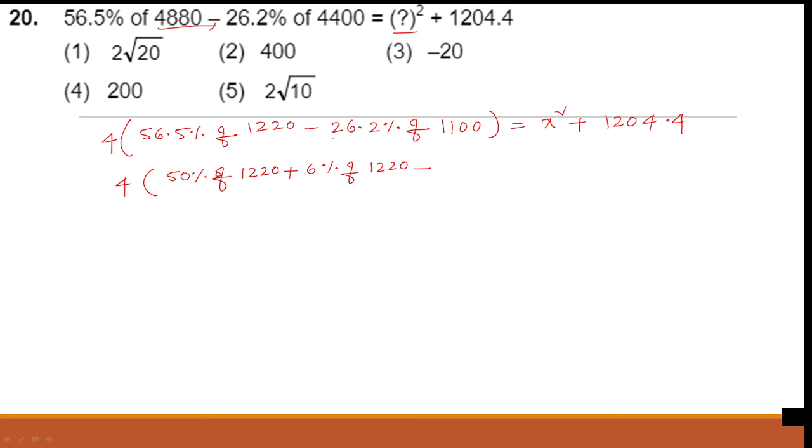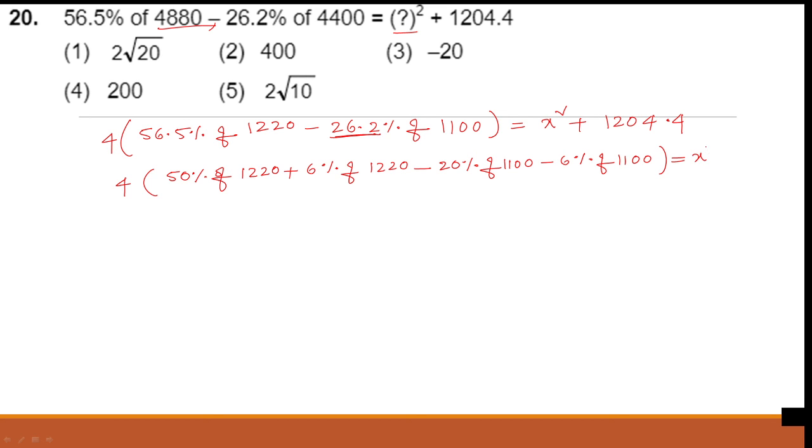And 26.2 percentage I am taking as approximate value, that is 26 percentage, and again I am dividing that into 20 percentage of 1100 minus 6 percentage of 1100.